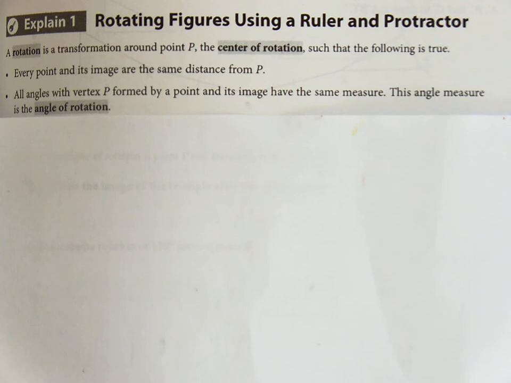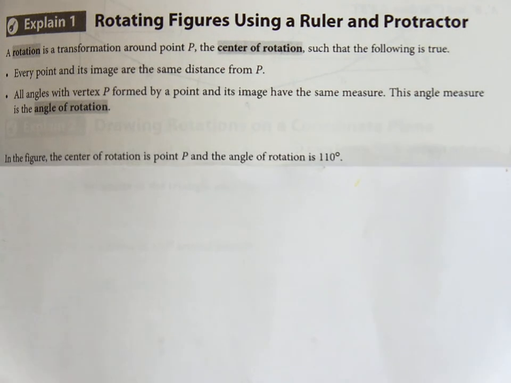This angle measure is the angle of rotation. So again, if you're doing a 90-degree angle of rotation, then each point from the pre-image to the image should have that same 90-degree rotation.